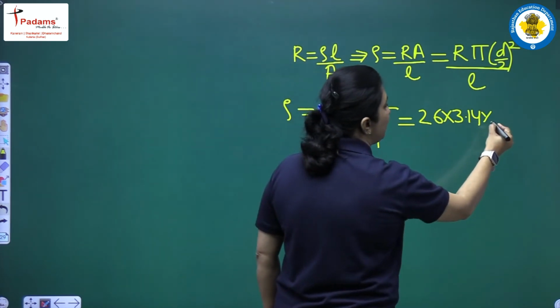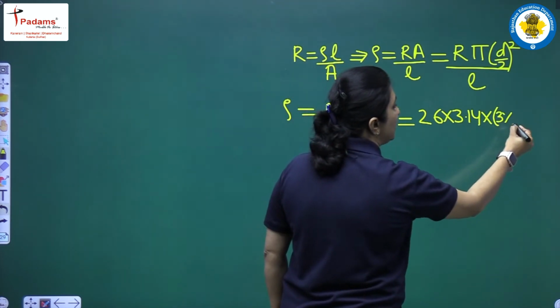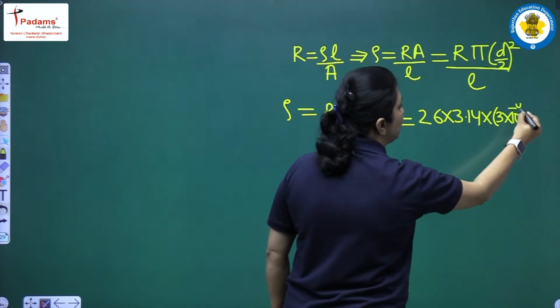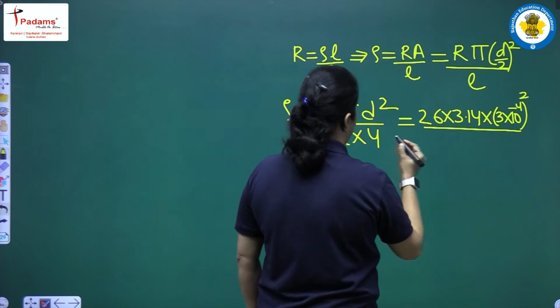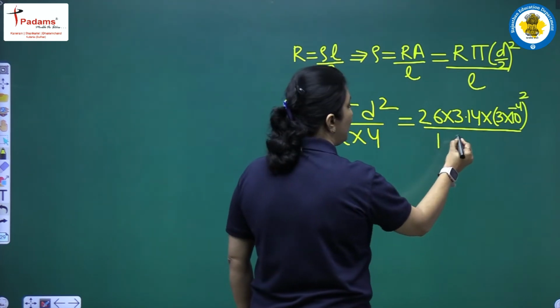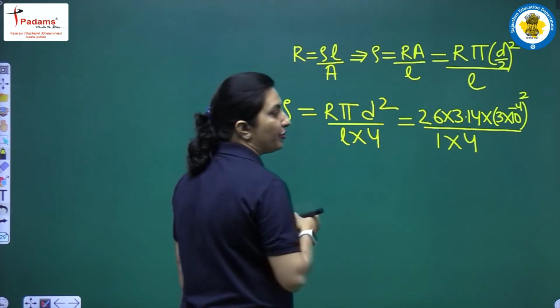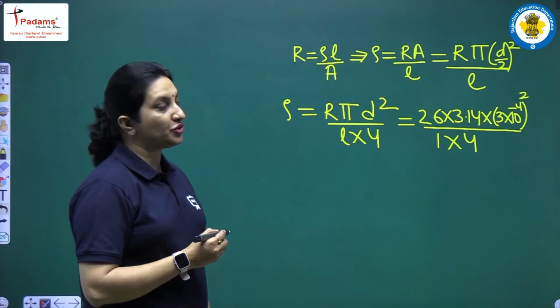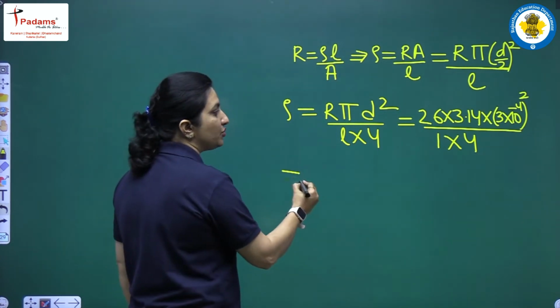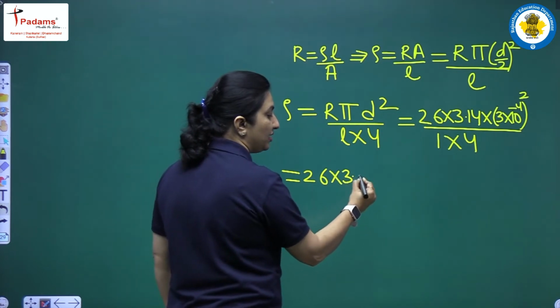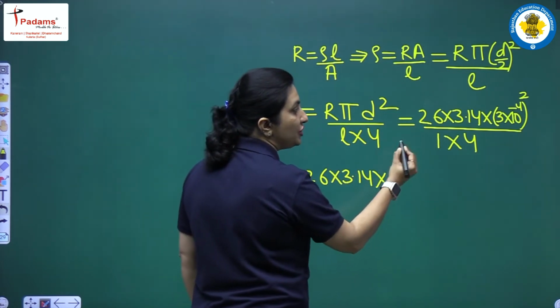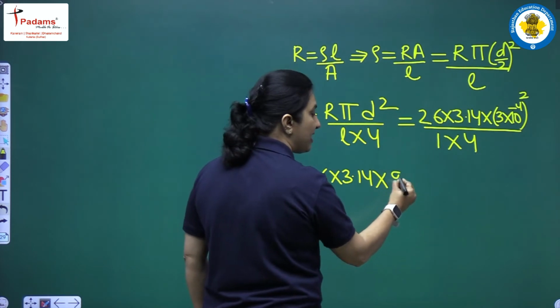So D is given by 3 into 10 to the power minus 4 square. Then we have L, which was given as 1 into 4. So this we need to solve. On solving this, what I get is 26 into 3.14 into 3 square, means 9.